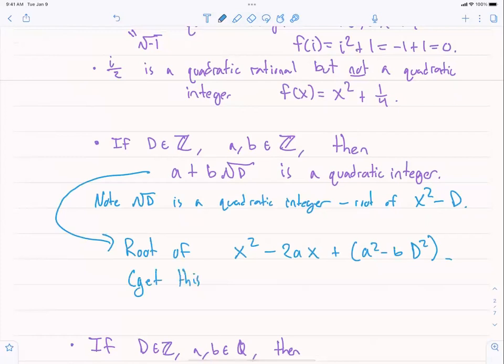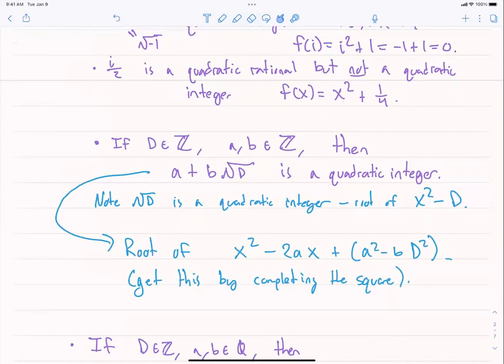It's maybe a good exercise for you to try and get this on your own. We can think of it by completing the square, and think about where this comes from, and we'll come back to this formula in a minute.